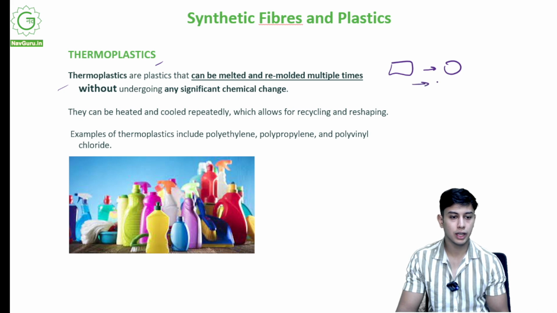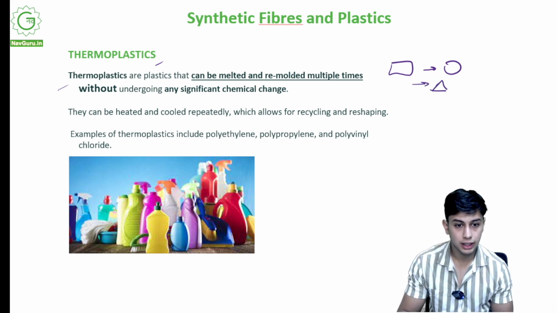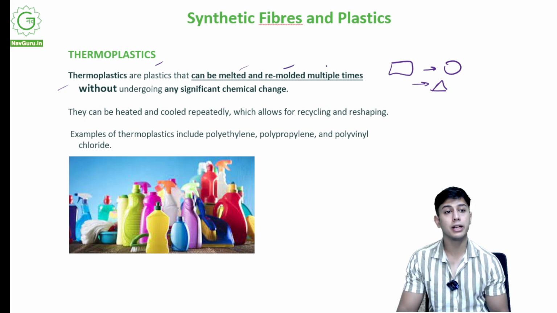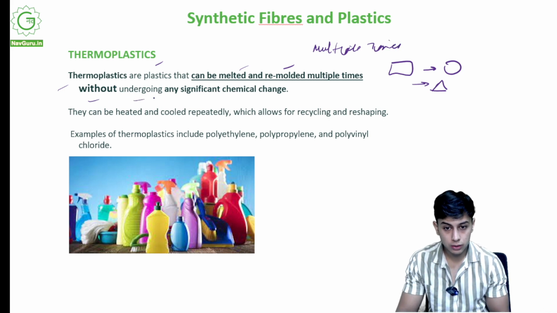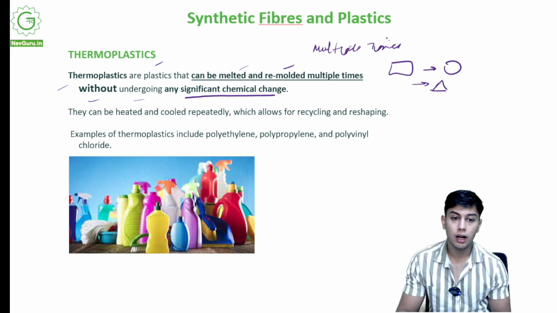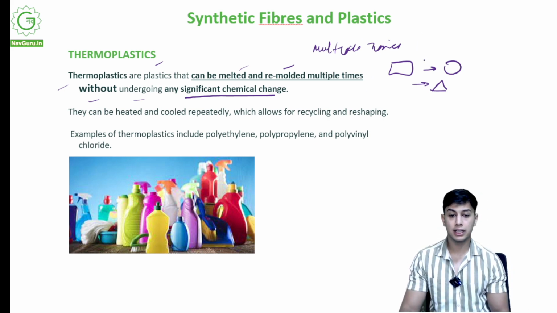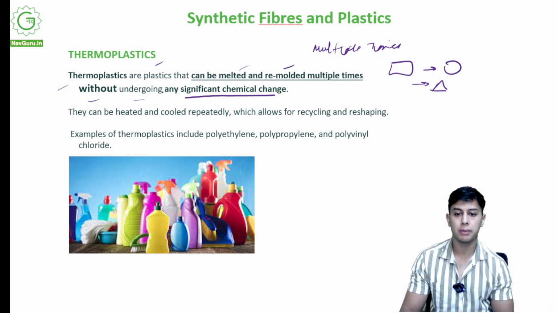Like clay, these can be melted and remolded multiple times without undergoing any significant chemical change. I can melt this plastic and give it another shape a lot of times. This is a thermoplastic.